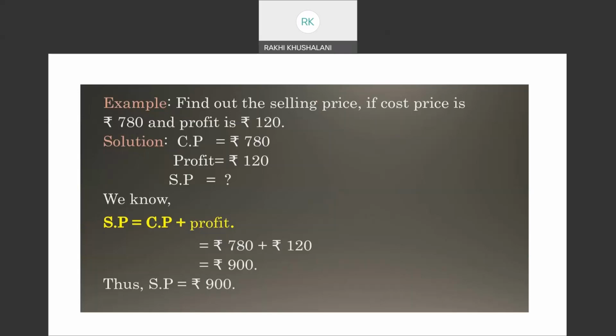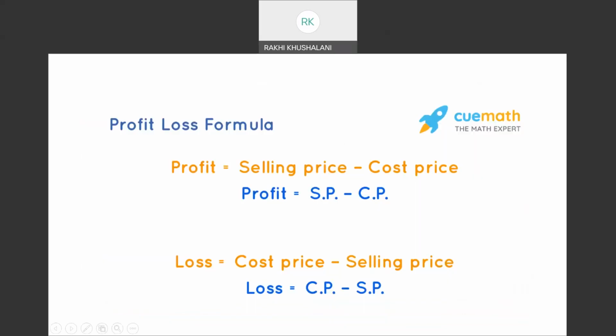Let's see an example. Find out the selling price if the cost price is rupees 780 and profit is rupees 120. What is the solution? Cost price is 780, profit is rupees 120 is written. You have to find the third element, that is SP. So what is the formula we found out?